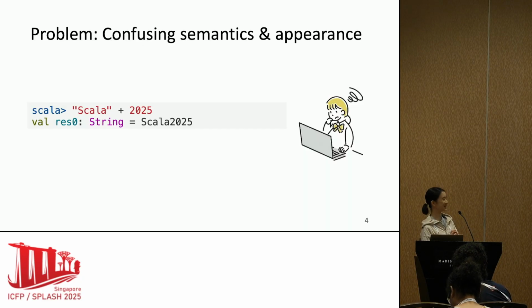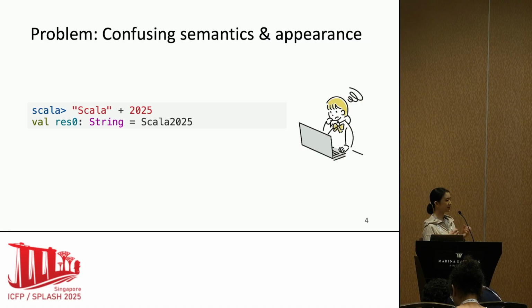The second reason is that the semantics of some operations and the appearance of values can be confusing to novice programmers. For example, in Scala, we can concatenate a string with a number without converting the number into a string.